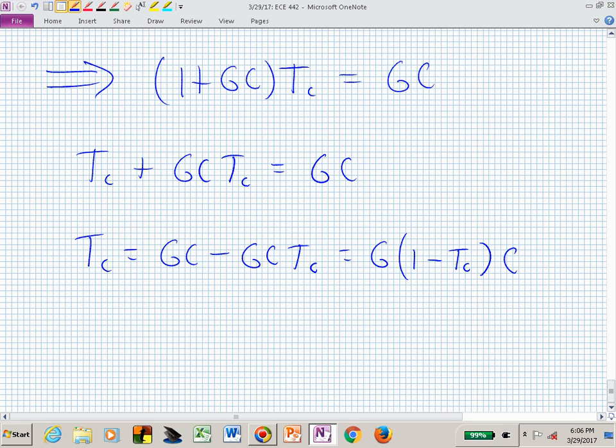Hopefully I haven't done anything wrong algebraically. These are now scalar transfer functions, so I can pull those in and out on the left or the right.